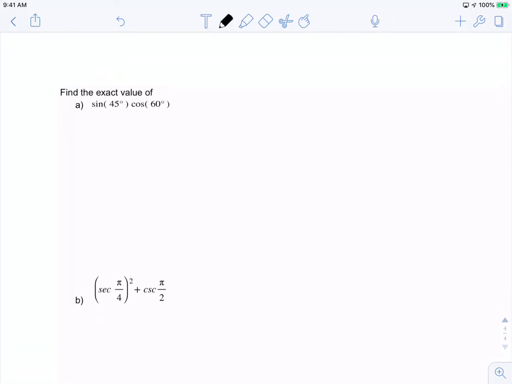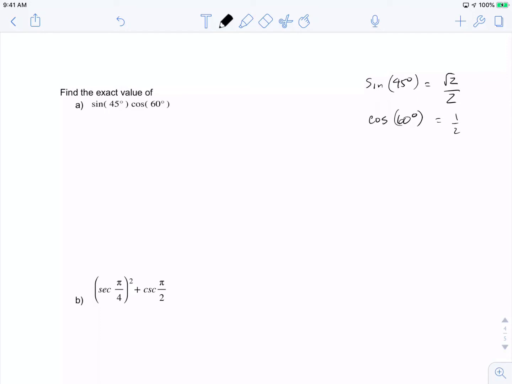Now we can also do products. So if we look, I know that sine of 45 degrees is radical 2 over 2 by looking at the unit circle, and then cosine of 60 degrees is going to be 1/2.